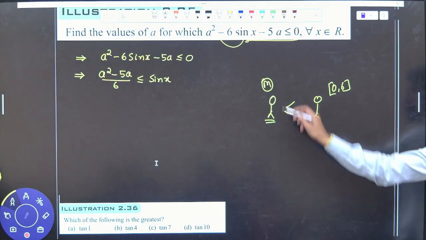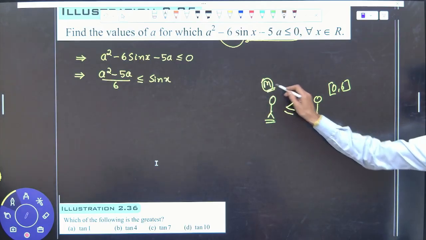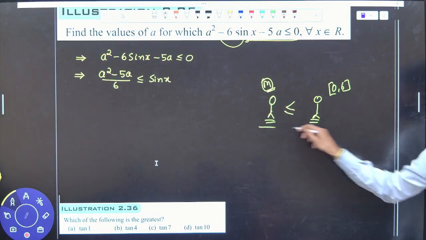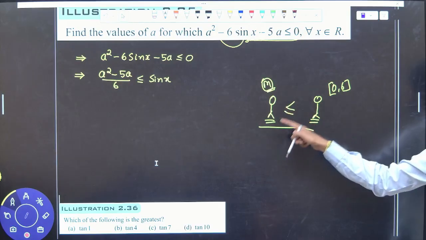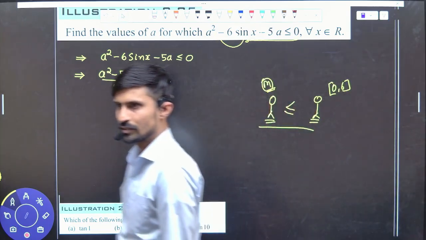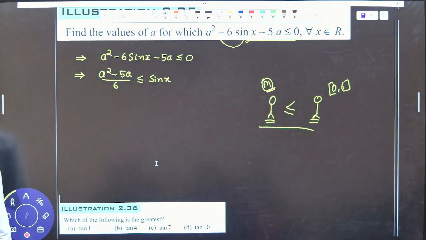Now tell me, what should m be so that this statement is true? This should be less than or equal to that. What should m be so that it is always true? M should be less than 0.